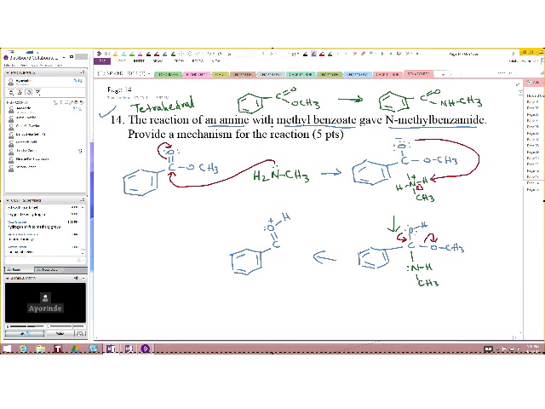And now our main group is here, and then the methoxide is here, somewhere floating around. Okay, since we are losing the methoxide here.